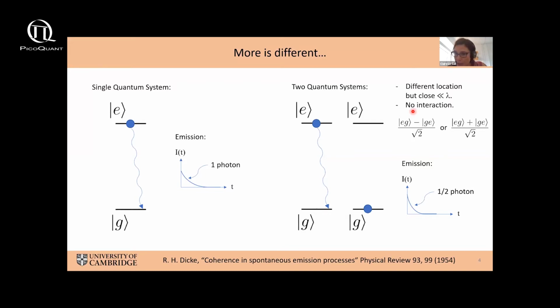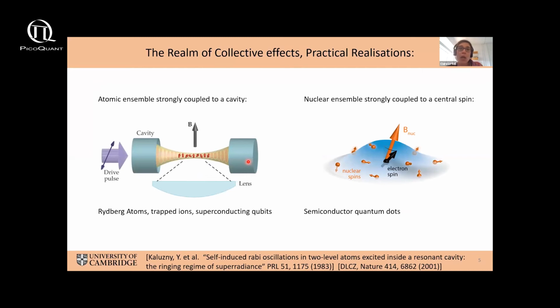So dark nuclear states are also a thing, for those who've read a bit of the literature, and a superradiant state, which is a symmetric combination and which has an enhanced radiative decay compared to your single atom. And so these effects have been sought after fairly early on.